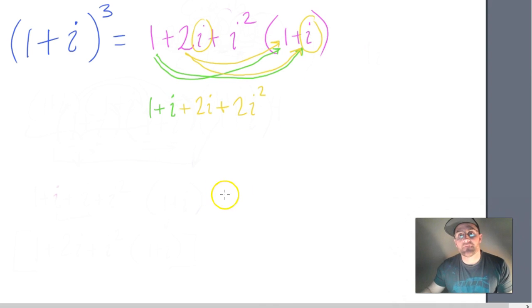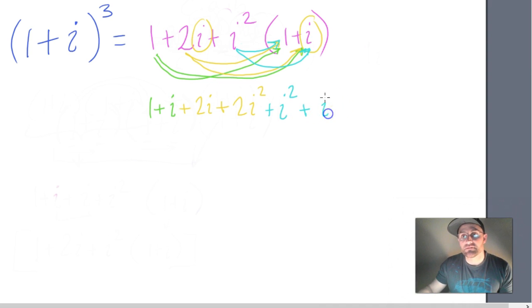Okay, now we have this last bit here, which we'll do in a baby blue. So we have I squared multiplied by 1, again the multiplicative identity, so it's just going to stay positive I squared. And we have I squared times I, and that's going to become what? Positive I cubed, right?